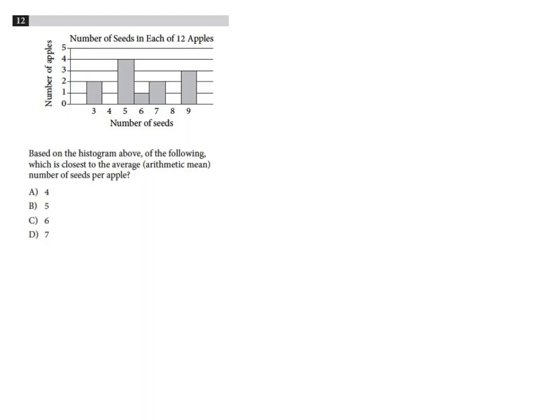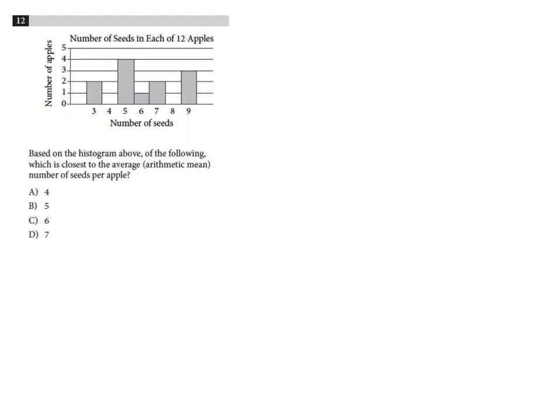Okay, number 12. Based on the histogram above, which of the following is closest to the average number of seeds per apple? Okay, well, if we want to know the average, we're going to have to add up the total number of seeds for all apples and divide by how many apples we're talking about.